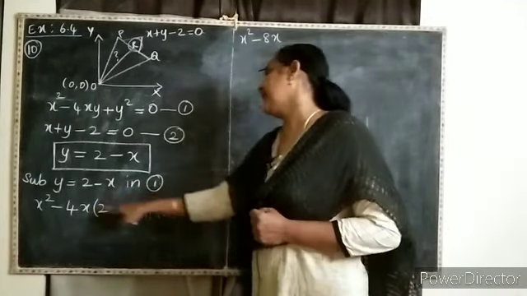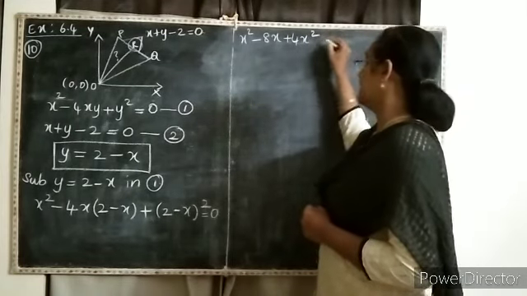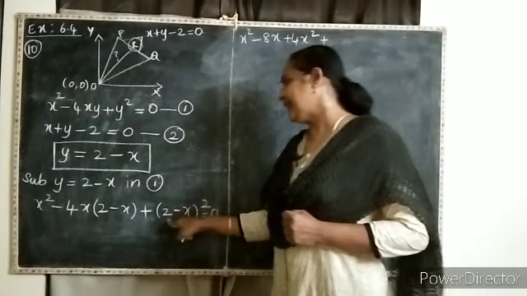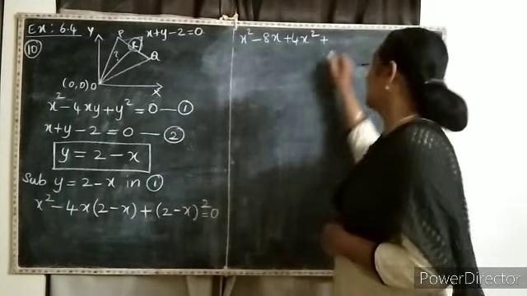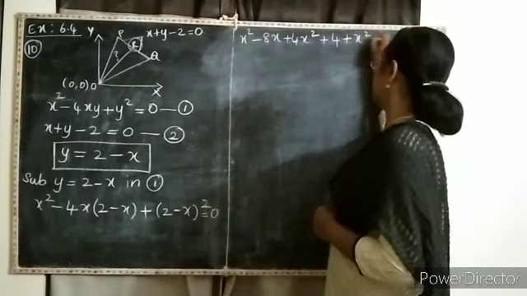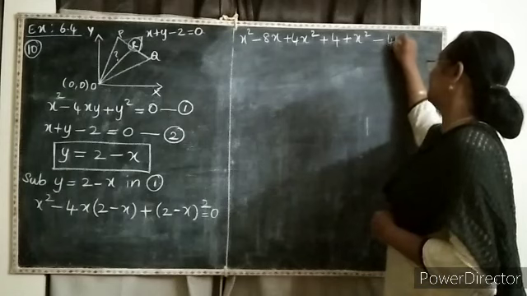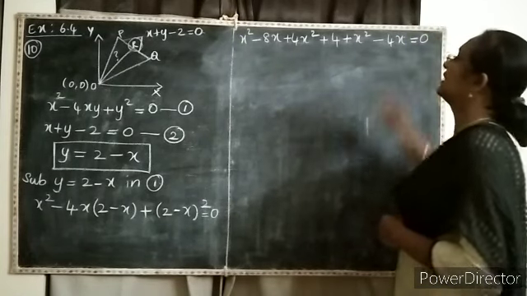Then minus 4x into minus x becomes plus 4x squared. Then expand (a minus b) the whole square: a squared is 4, plus x squared, minus 2ab, so you will get minus 4x, equal to 0.